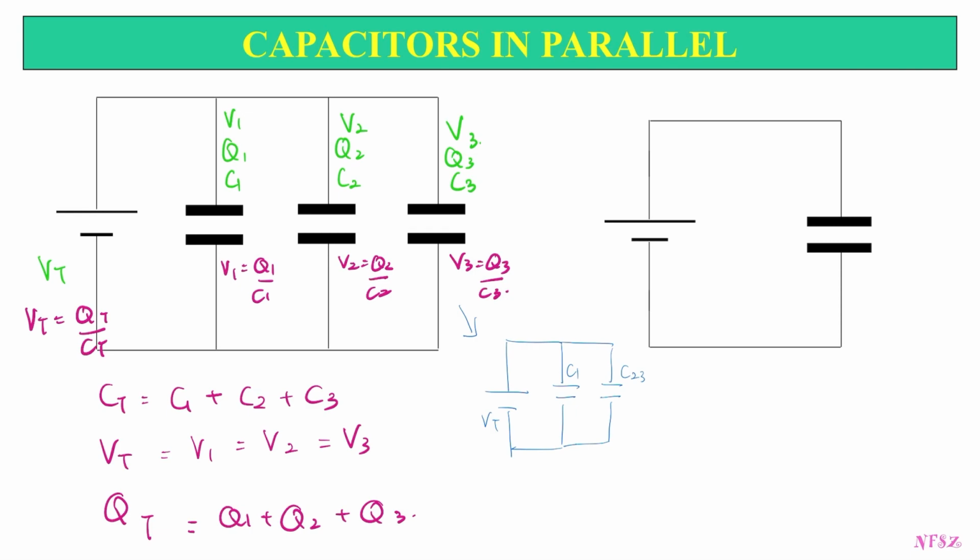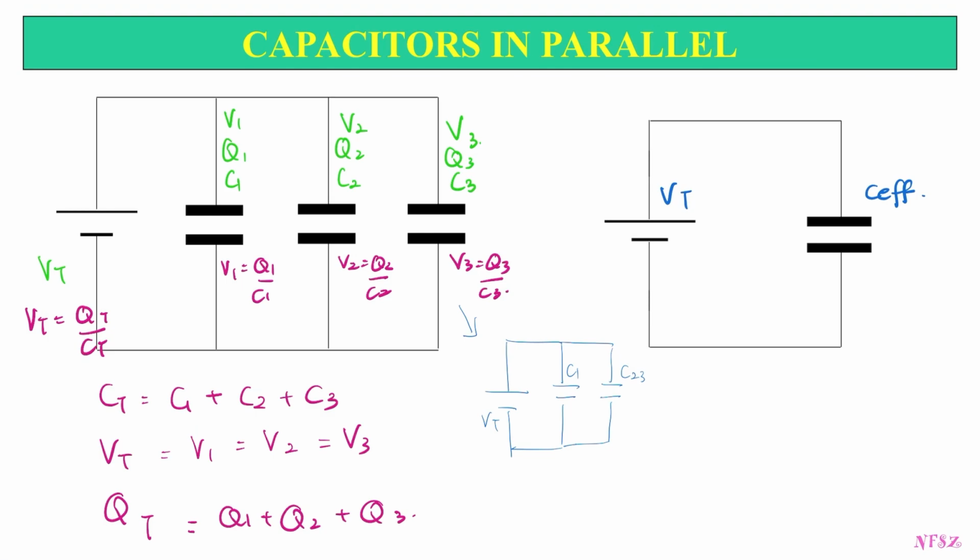You start daripada yang jauh daripada power supply, ni paling jauh lah. Buat next switch dulu, campur ni, lepas tu baru campur dengan ni. Okay, lepas tu baru jadi macam ni lah. So this will be V total, this will be C effective.